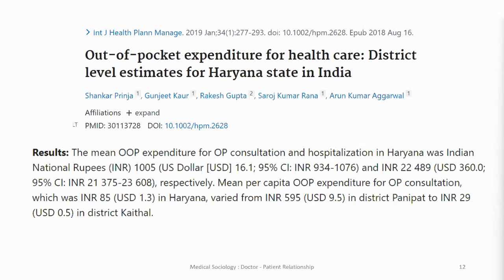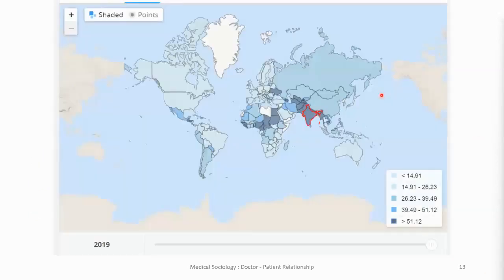A similar figure, a broader picture: the World Bank has released data showing that 55% of the healthcare expenditure in India is out-of-pocket expenditure, which means that if 100 rupees is being spent for healthcare in India, out of this 100 rupees, 55 rupees, more than half of it, is directly from patients' pockets.